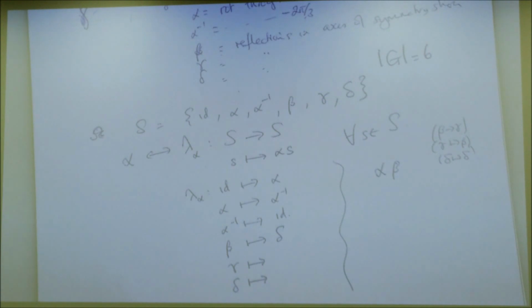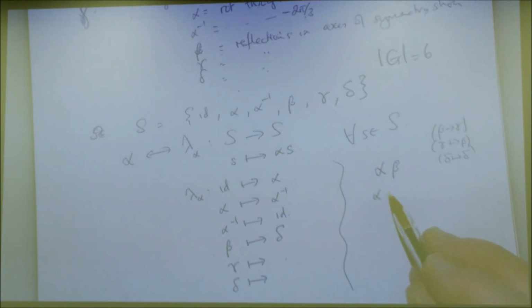Right. Well, maybe we can do a shortcut and do no more work. So what's going to go here is gamma and beta and gamma, one way around. But gamma does not map to gamma because alpha gamma is not gamma.